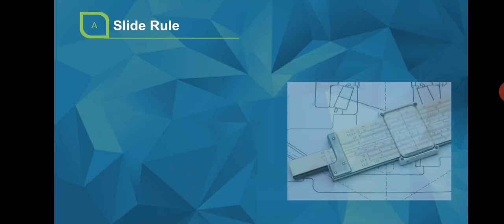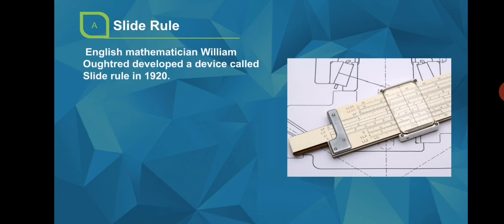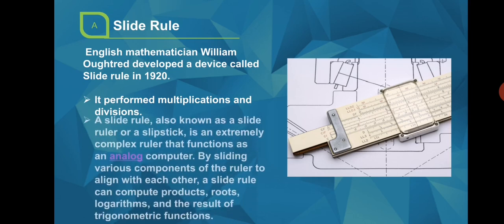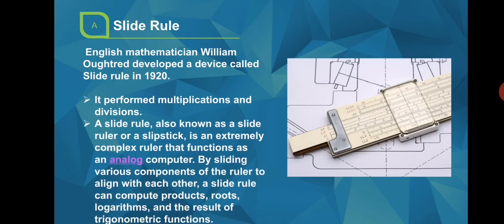Slide rule. An English mathematician, William, developed a device called slide rule in 1920. This slide rule can perform multiplication and division. A slide rule, also known as a slide ruler or a slip stick, is an extremely complex ruler that functions as an analog computer.